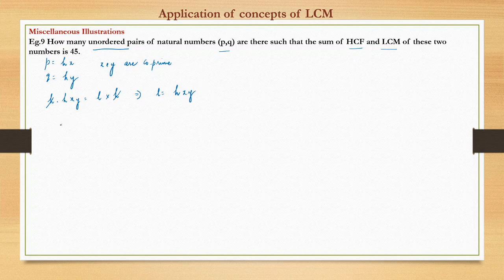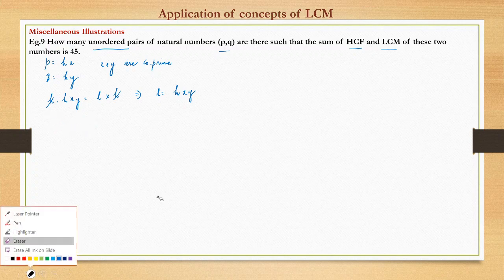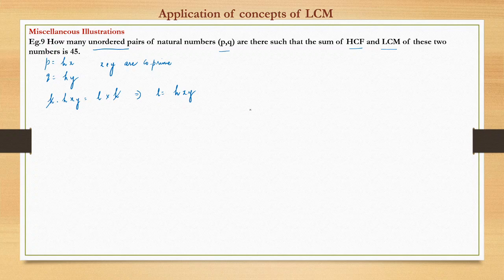Now, what we have is the sum of HCF and LCM. So HCF plus LCM, which is H plus Hxy, is 45. 45 we can write as 3 square into 5.